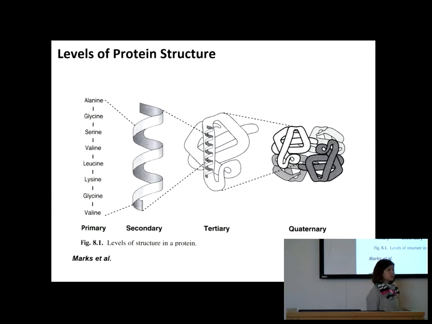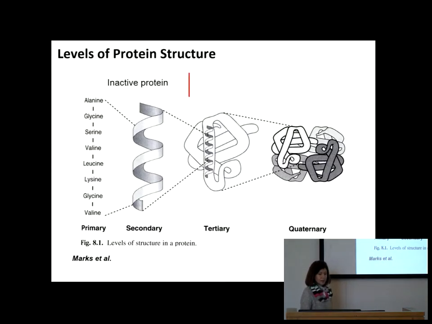If we do not have multiple subunits that interact, we are done with the structure of our protein. If we have subunits that come in to interact, like our myoglobin that we show here, we have a quaternary structure. And they're the same interactions that are involved in our tertiary structure.